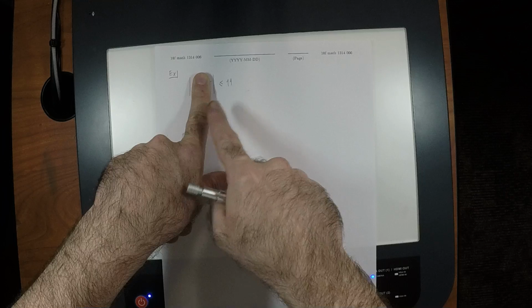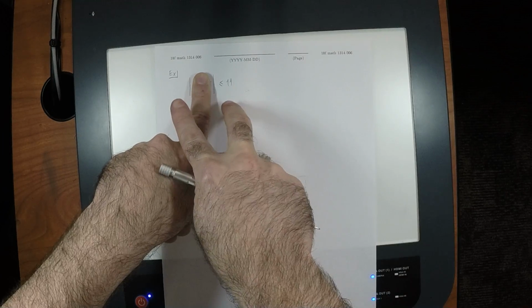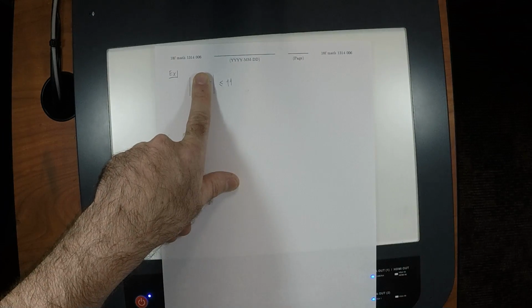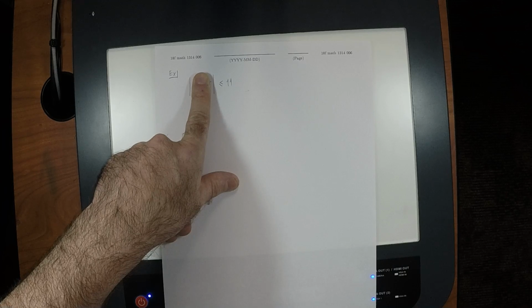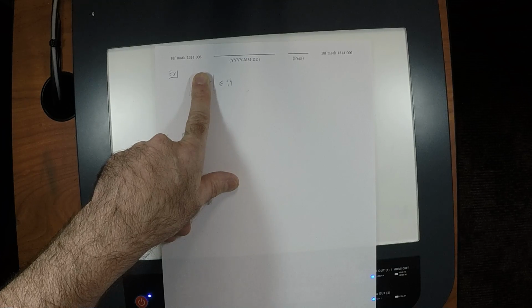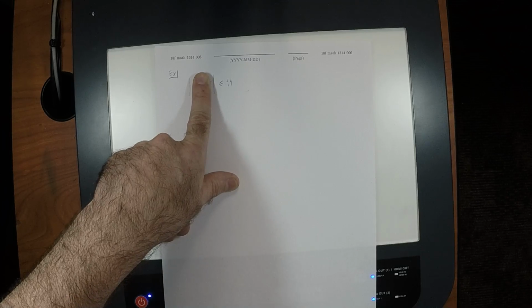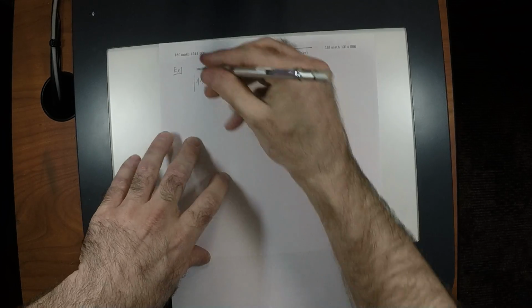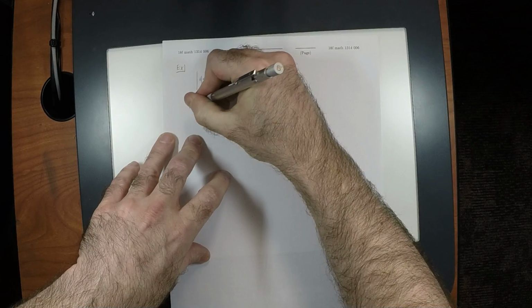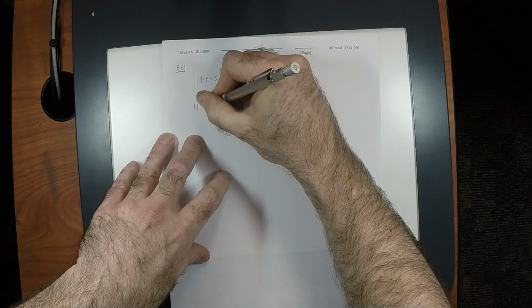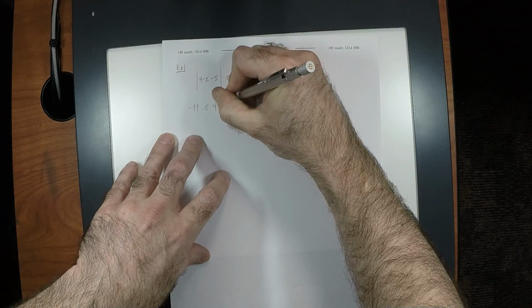So what I want you to observe is that in order for this to be true, whatever I'm covering up has to be between the 11s. It has to be, on the one hand, greater than or equal to -11, and on the other hand, also less or equal to 11. So that means that the inequality reads like this: this less or equal this.